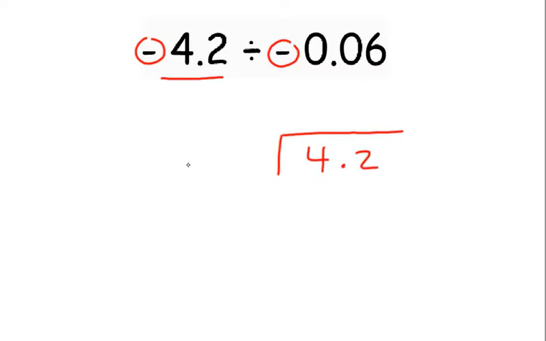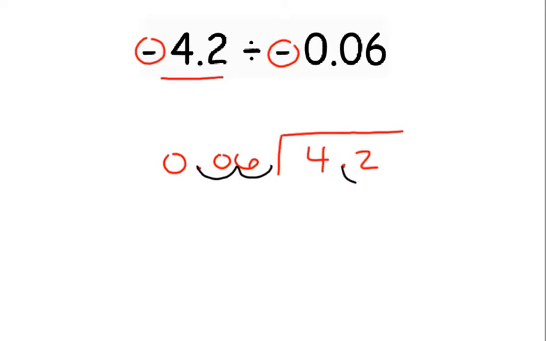All right. Now I have a negative divided by a negative. So my answer is going to be positive. Remember that the first number is the one that goes inside the division bar. So I have 4.2, and on the outside I have 0.06. Now I have to move this 2 times. 1, 2.